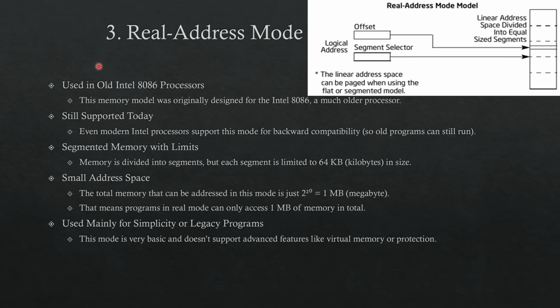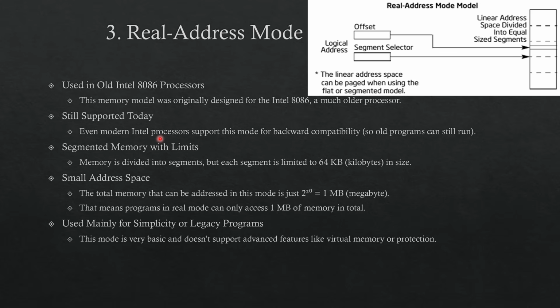Segments are there, maybe a few, but with certain limits. So normally this real address mode is used in old Intel 8086 processors. Even then it will support the latest versions also. We have already explained backward compatibility in the first module, so it will run on the previous version also.